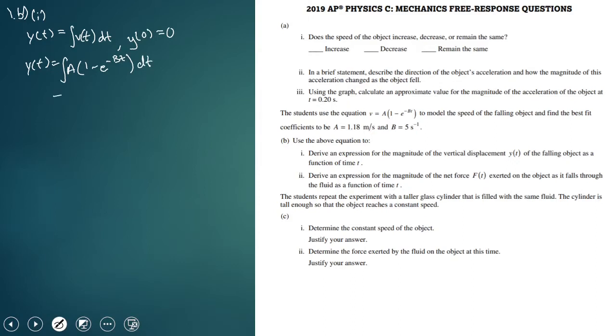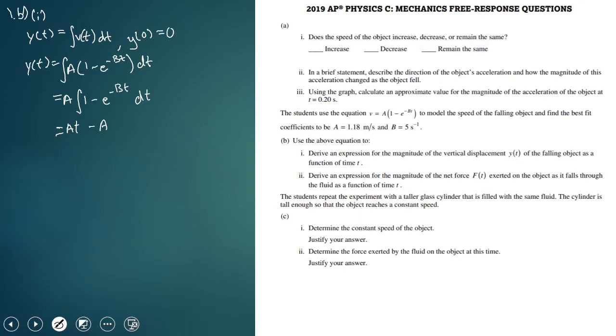I'll pull a constant out, so I get the integral of 1 minus e power of negative bt dt. And so keep in mind that this a is going to multiply to every term within this integral. And so this first term is going to be at, right? Because the integral of 1 with respect to time is t. For the second one, I'm going to have minus a.